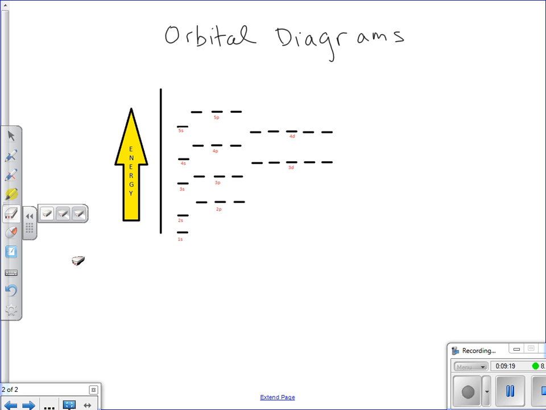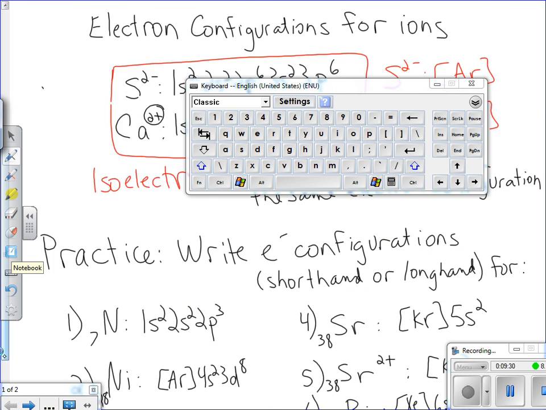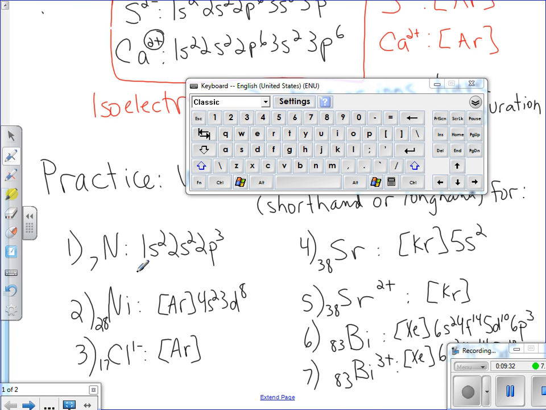Okay, let me show you how to fill these in. So we will start with nitrogen. We saw in the previous slide that nitrogen has a configuration 1s2, 2s2, 2p3.